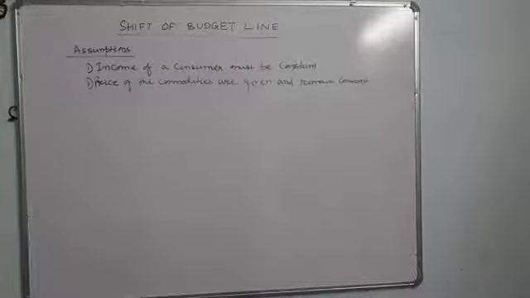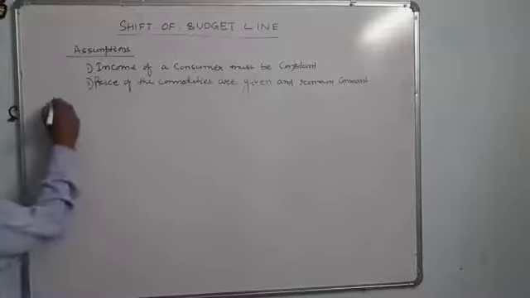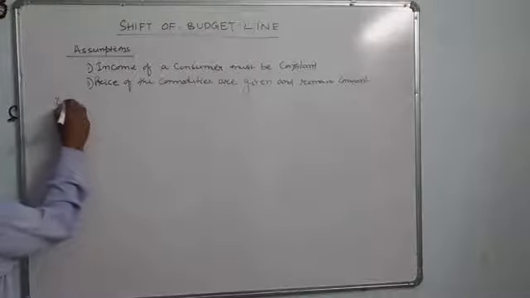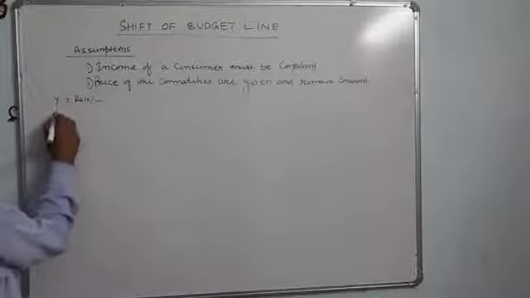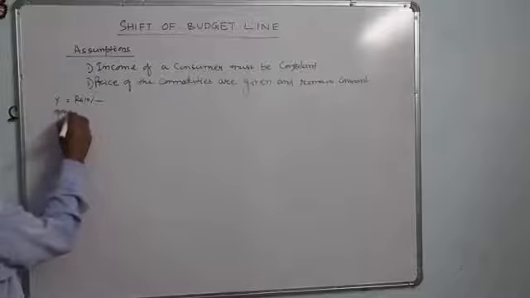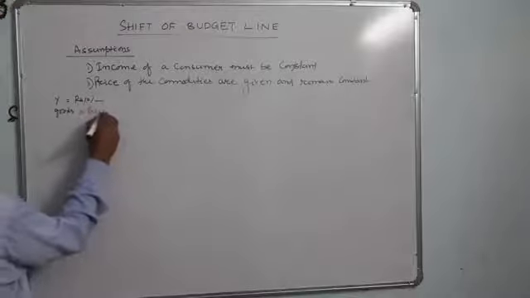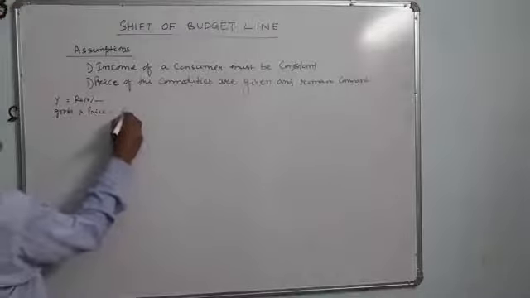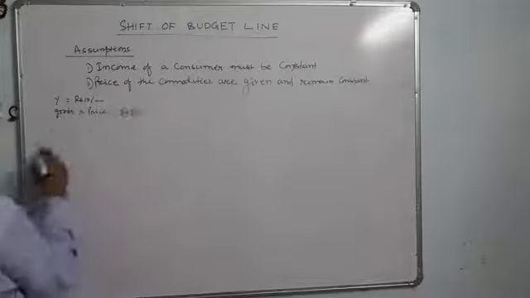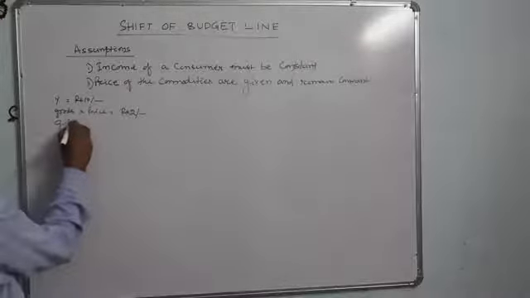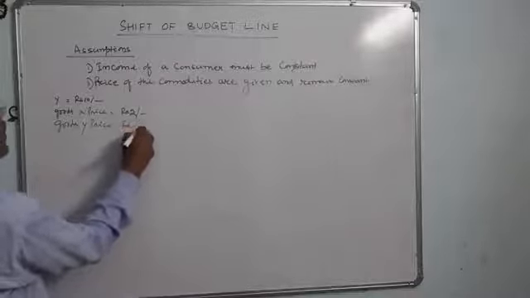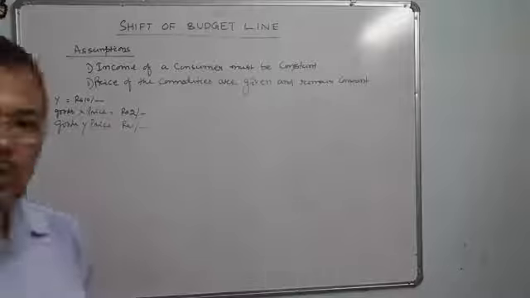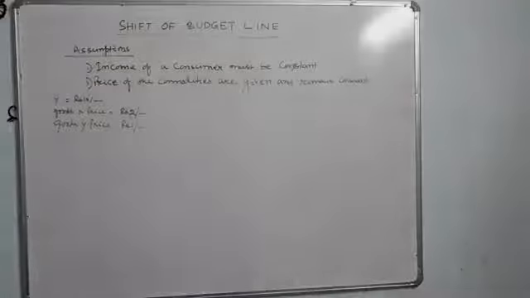So as per my example, Y or money income was rupees 10, goods X price is rupees 2 and goods Y price is rupee 1.